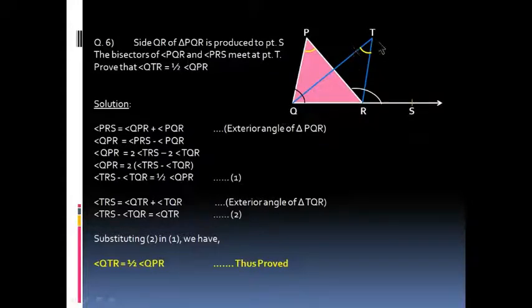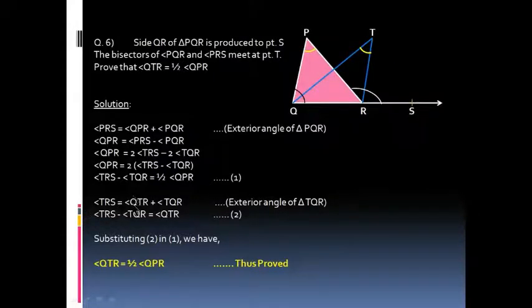Now, if you look at the blue triangle only, TQR. So in triangle TQR, the angle TRS is the exterior angle. So angle TRS is going to be equal to the sum of these two interior angles of the triangle.